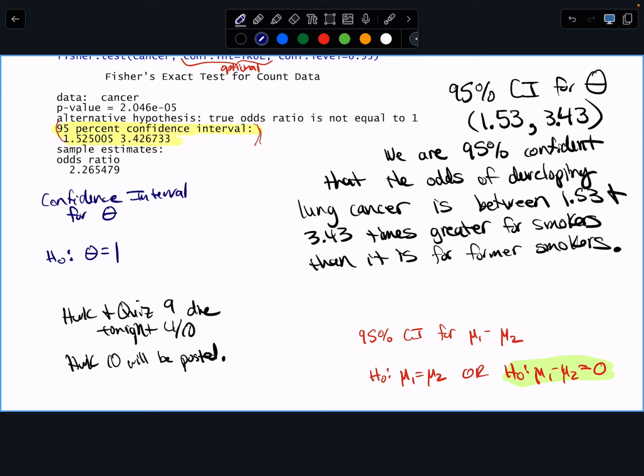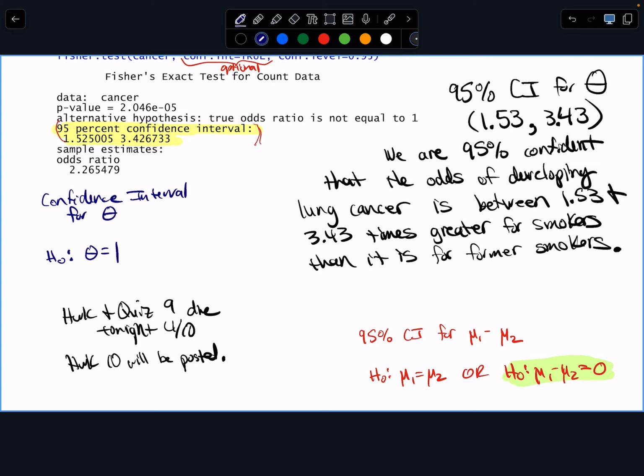So we can do a similar thing here, right? Instead of looking for 0 being within the bounds of that confidence interval or not, since our null hypothesis has a 1 on that other side, I can determine if 1 is in the confidence interval or not. If it is not, that is enough evidence to reject the null. If it is, I don't have enough evidence to reject the null hypothesis, right?